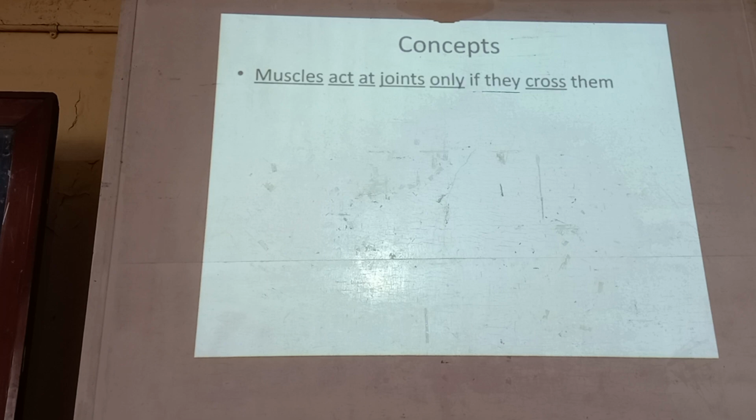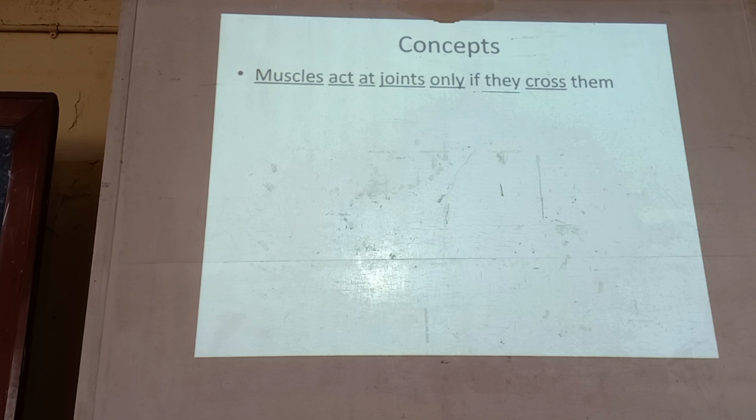Muscles act at joints only if they cross them. Muscles act at joints only if they means who? They means muscles. Them means who? Them means joints. That means muscles act at joints only if muscles cross joints.